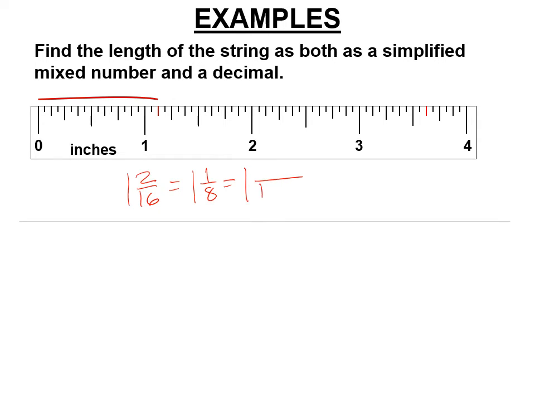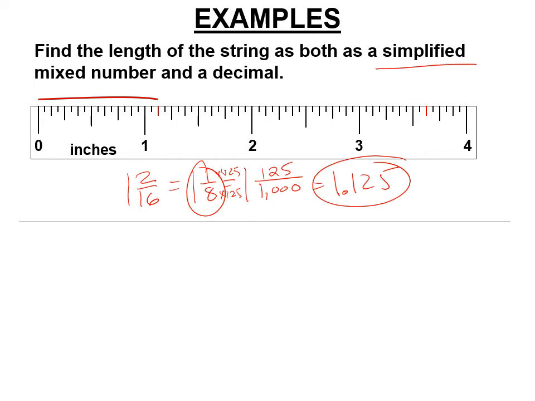And so we're going to go to thousandths and multiply by 125. So this is 125 thousandths, or 1.125. That's what that 1 and 2/16 or 1 and 1/8 is as a decimal. And the simplified mixed number is 1 and 1/8, right? It asks for both.